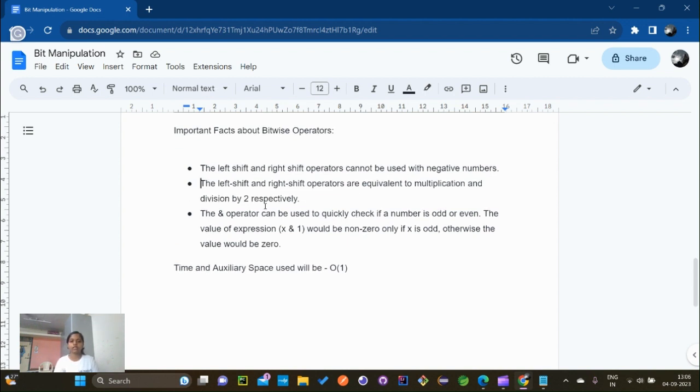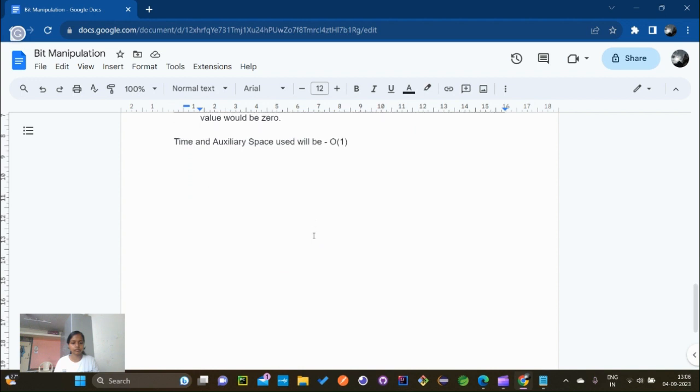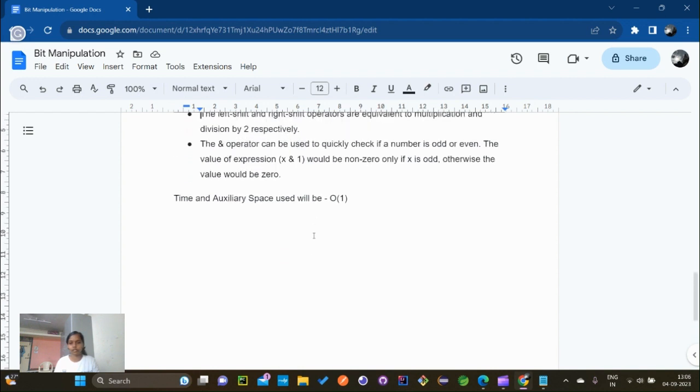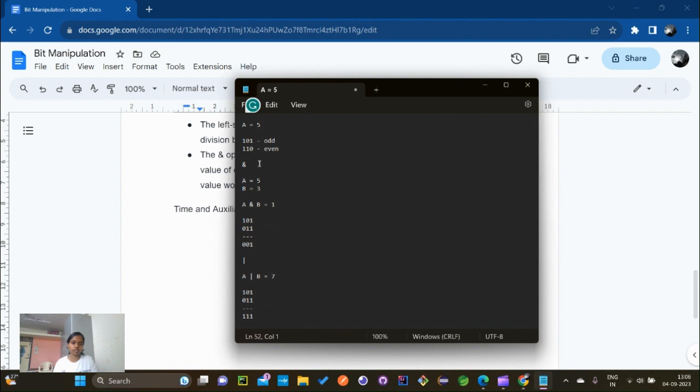And the next is, this and operator can be used to quickly check if a number is odd or even. We already saw this example in the beginning. Here what is used is x and 1. Initially I told that if it is 1, then it's odd.